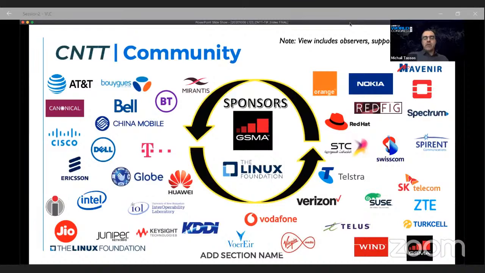So where we need the most contributions and participation is having the members collaborating and bringing their part of the solution, their expertise, whether it's a company that's building orchestration software or automation tools, or even core network functions, come and participate in the discussions, share or contribute to the areas of your expertise.